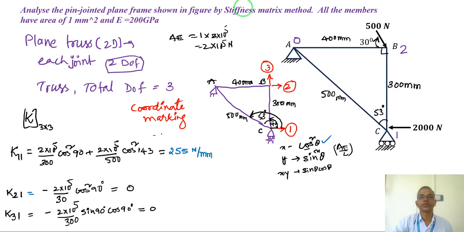Okay. So let us go to the next member and next stiffness. Again, I would like to draw here. If I draw the coordinates here, so here I have coordinate 1, this is coordinate 2, and this is coordinate 3.